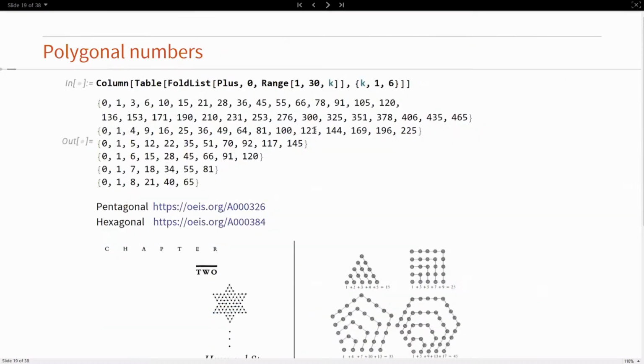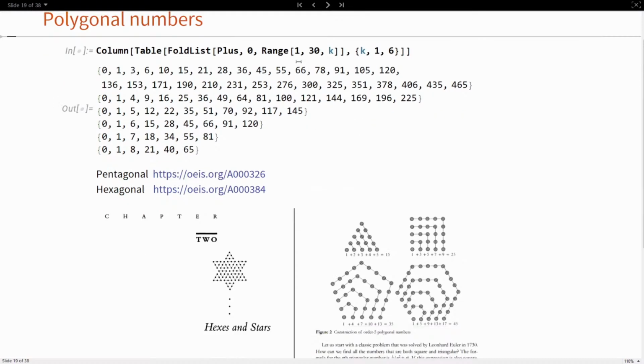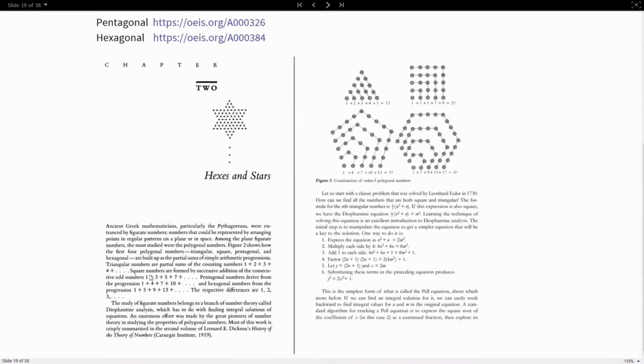Polygonal numbers: if you start by adding just 1 at each step and then taking the sums, 1 plus 1, 1 plus 2, 1 plus 2 plus 3, you get the triangular numbers. Square numbers, if you skip 2 each term, 1 plus 3 is 4, 1 plus 3 plus 5 is 9.